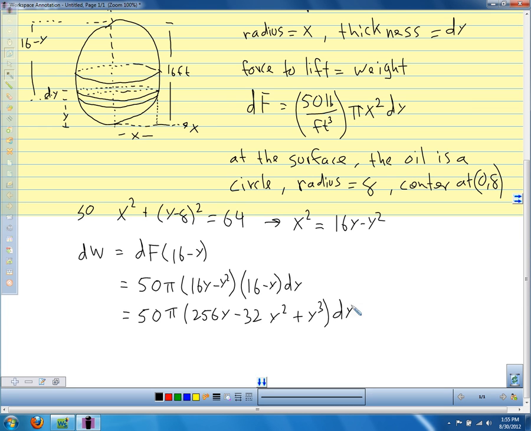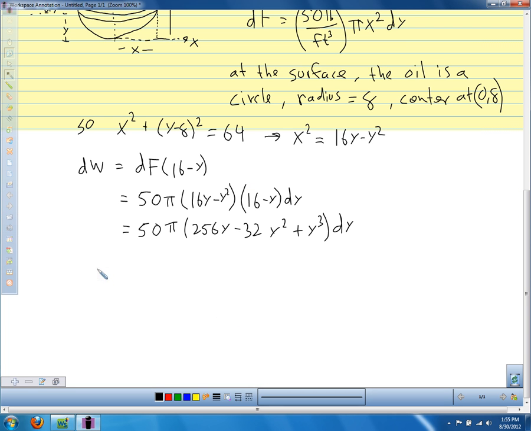Since the tank is half full, I'm going to integrate from y equals 0 to y equals 8 to get the work necessary to pump that liquid. So my work is going to be the integral from 0 to 8 of 50 pi times (256y minus 32y squared plus y to the third) dy.